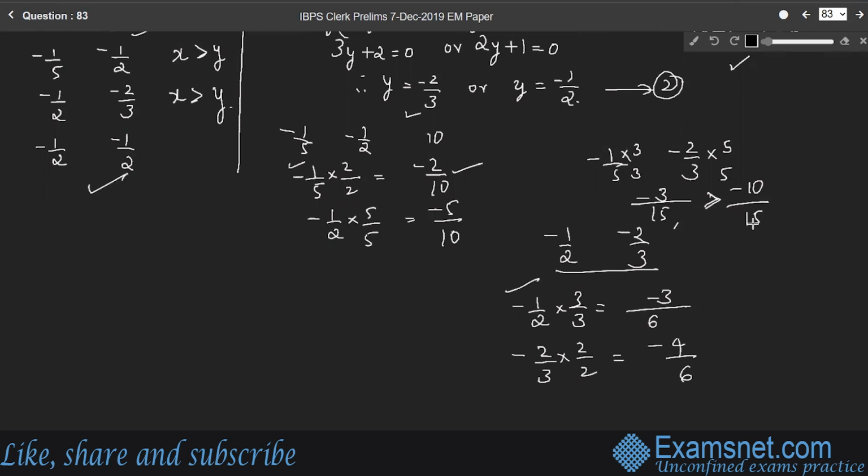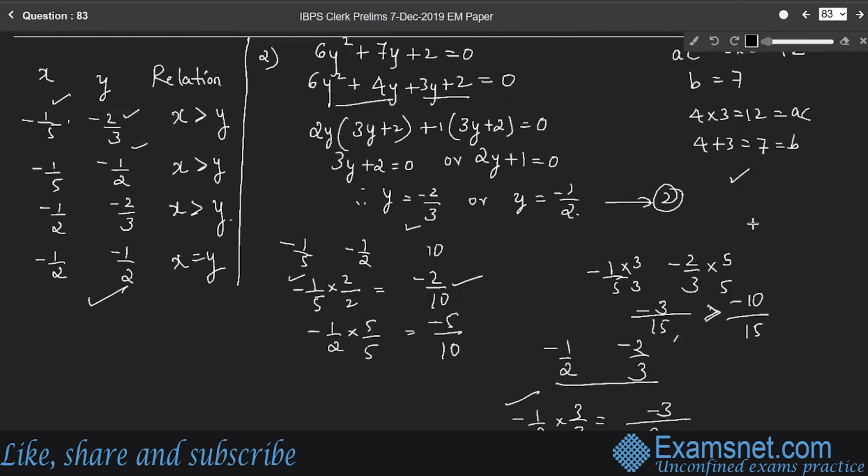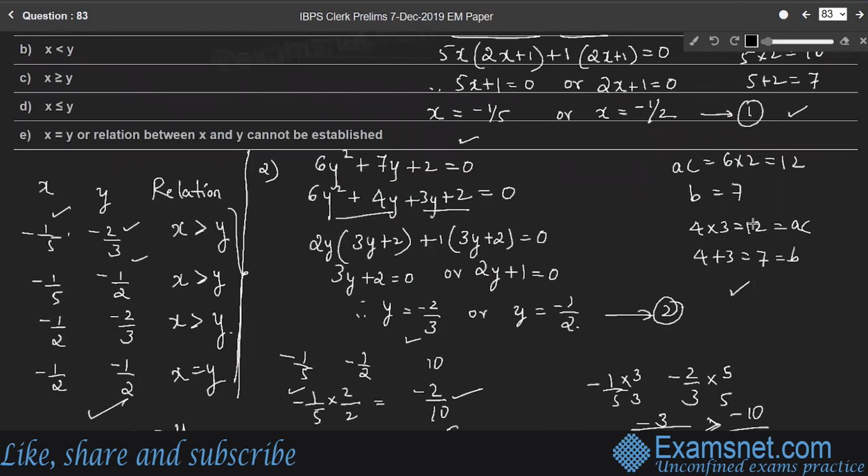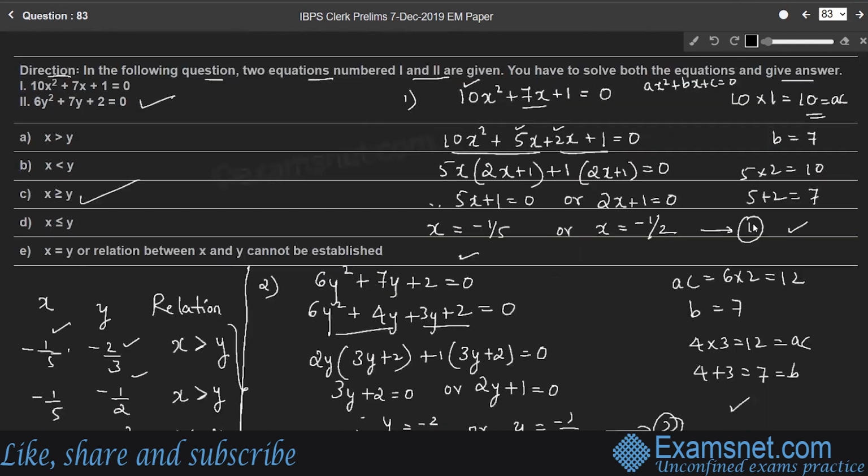So in the last case, x is equal to y. So in all four cases, we can conclude that x is greater than or equal to y. Therefore, x ≥ y. Option C is the right answer.